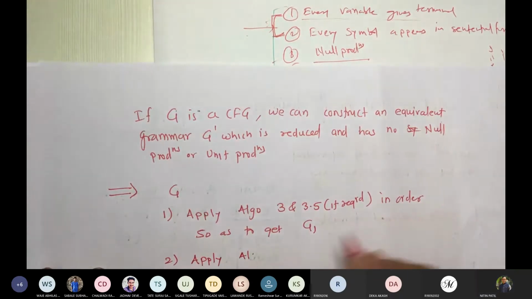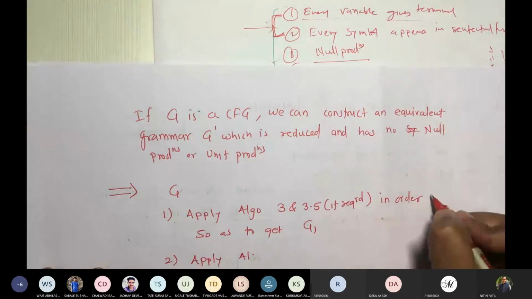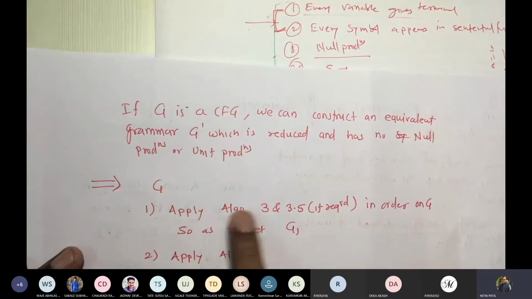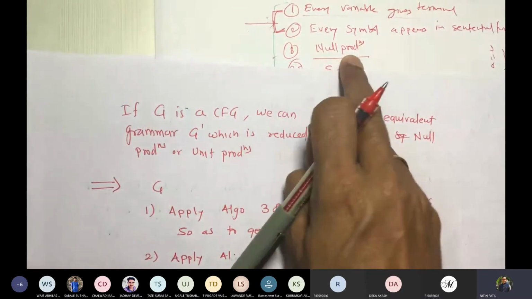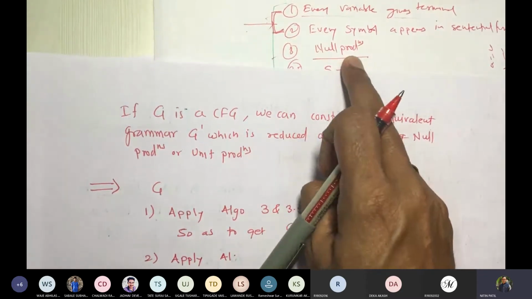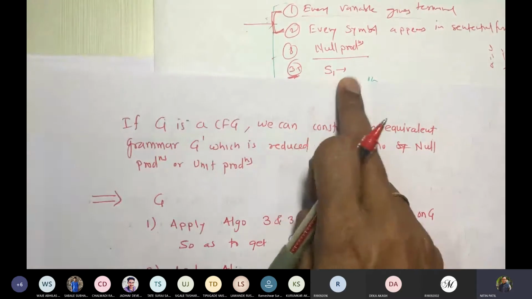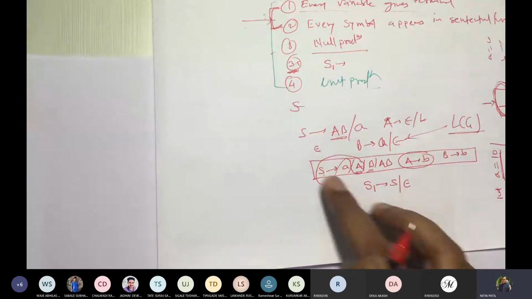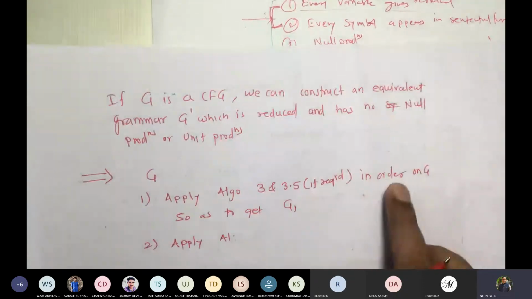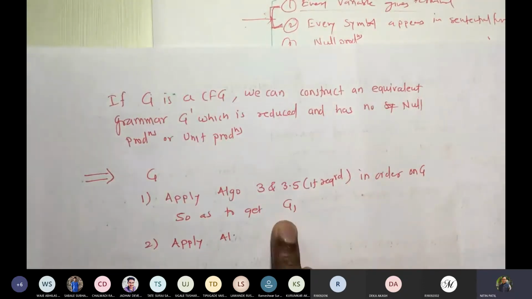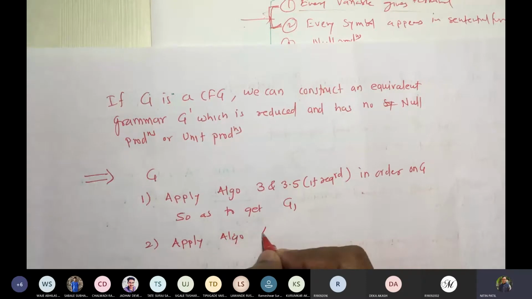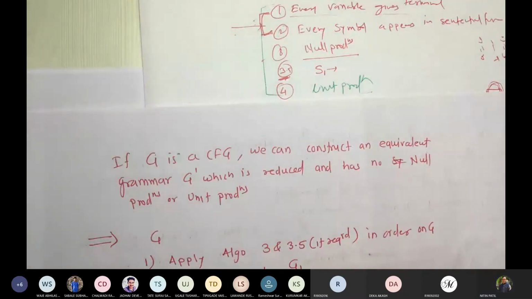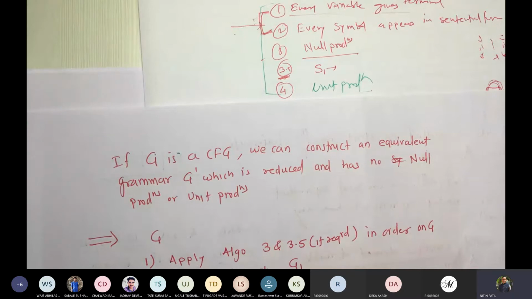Let me write this on G so that you will know. G is given to you. You apply 3 first; 3 means remove null productions. If epsilon belongs to the language or S is nullable, then you introduce these 2 productions, S1 gives S and S1 gives epsilon, and the rest of the things would be like this. Then you get this G1. Now apply algorithm 4. 4 means what? Unit production on G1.